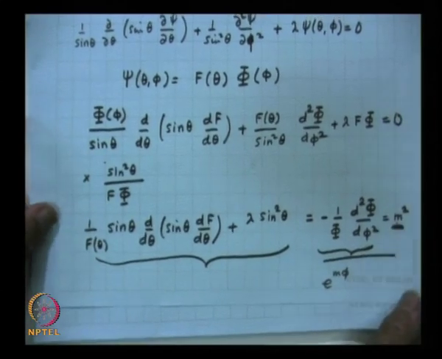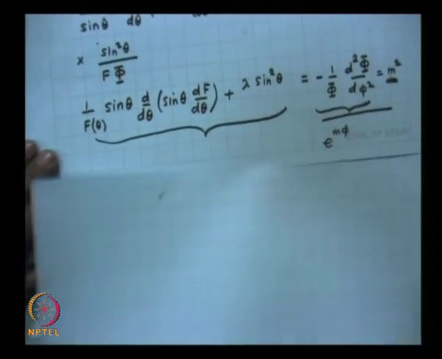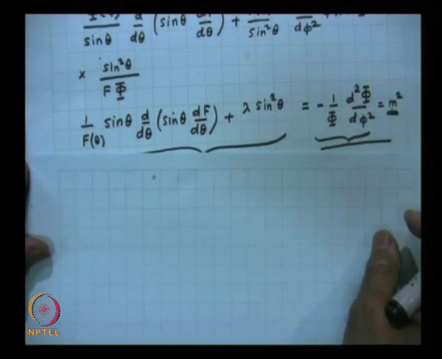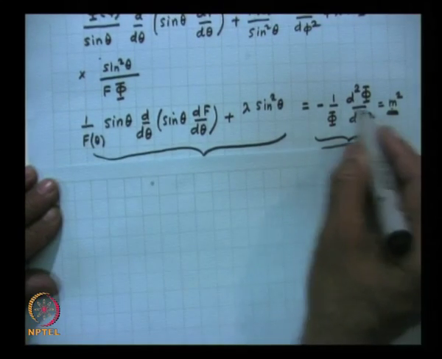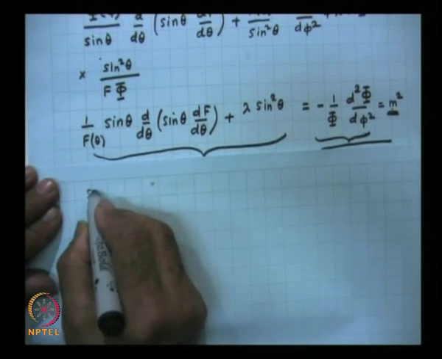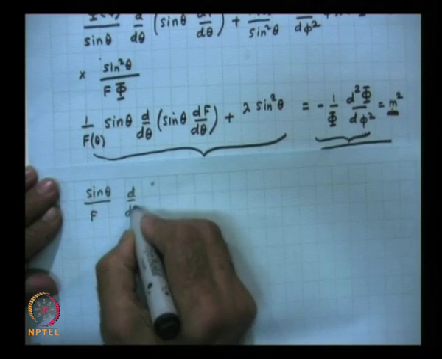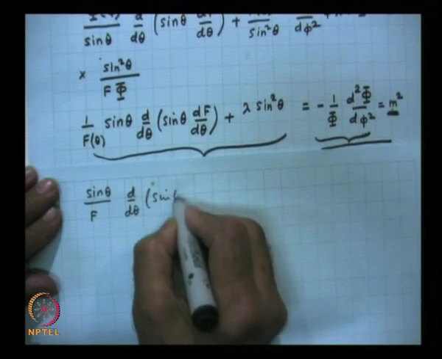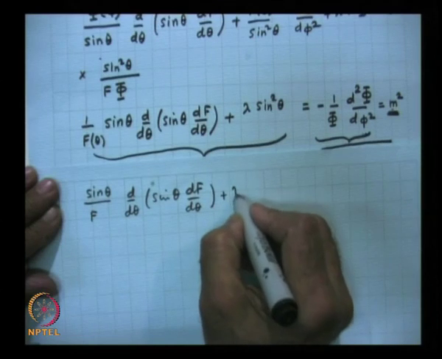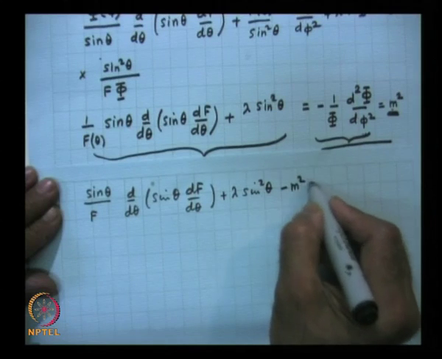Now, let me solve the theta part of the equation. So, let me write the theta part of the equation, and it will be something like this. So, minus m square, sin theta divided by f of theta d by d theta sin theta df by d theta plus lambda sin square theta minus m square is equal to 0.